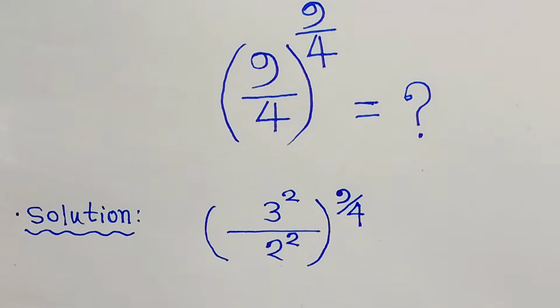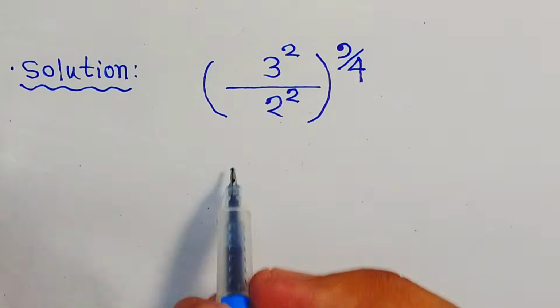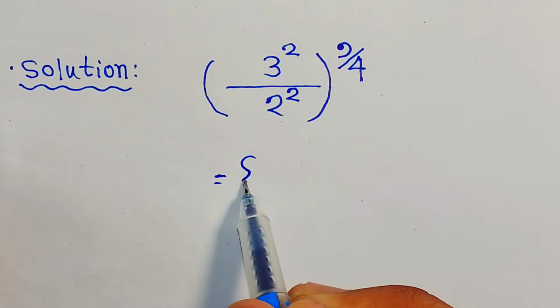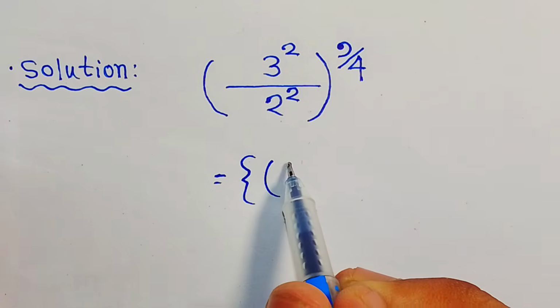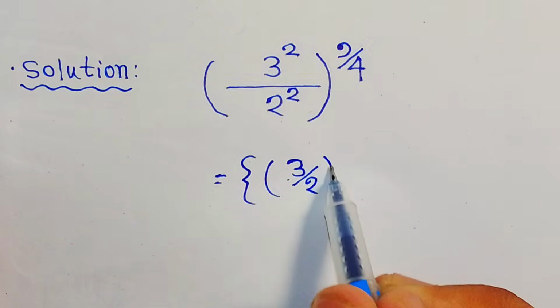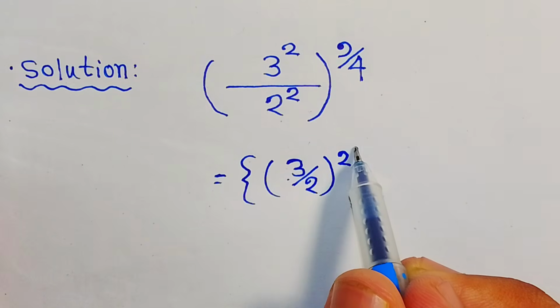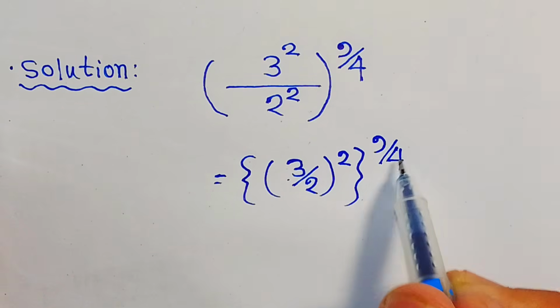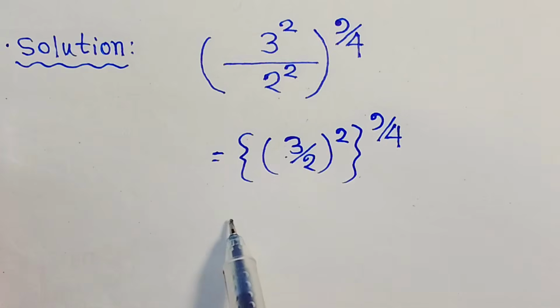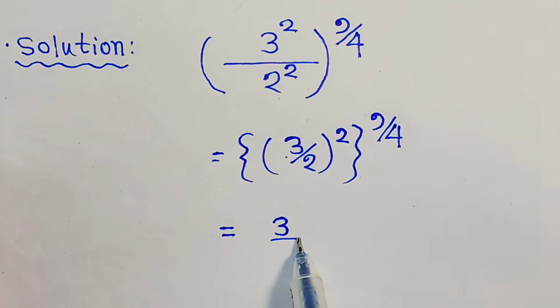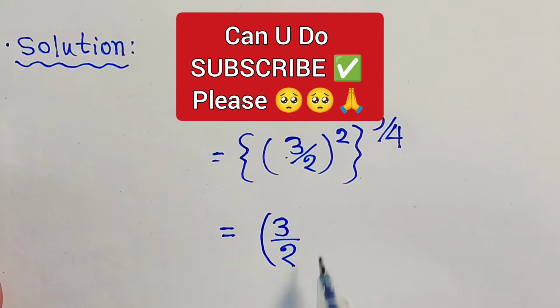After that, we can write this as the bracket (3 divided by 2) whole squared, raised to the power 9 divided by 4. This is the power. After that, we can write (3 divided by 2) and make this whole squared.